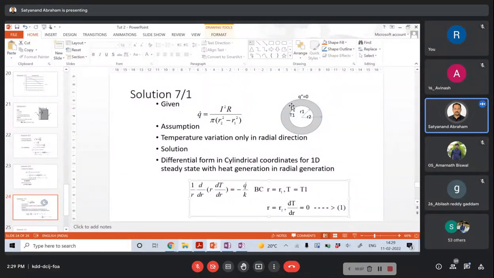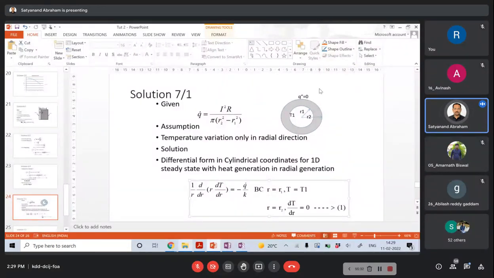What is the cross-sectional area for a hollow cylinder? It is pi times outer radius squared minus inner radius squared. Outer area minus inner hollow area, right? So therefore, pi into (R2 squared minus R1 squared) is the cross-sectional area of the hollow cylinder, into length L.